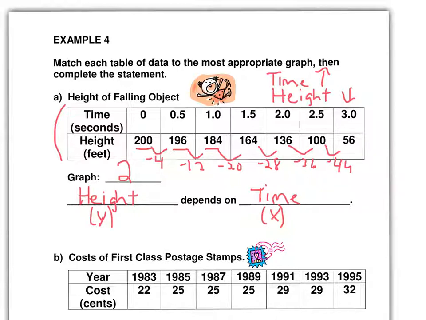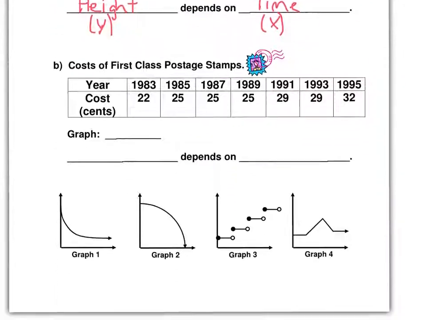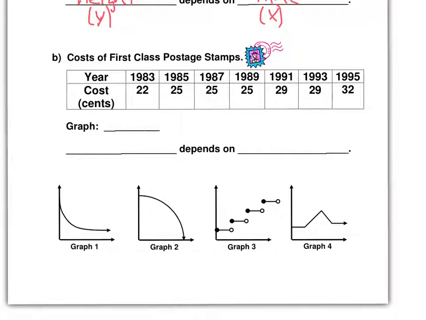All right, let's look at example 4b. Here we have the cost of first class postage stamps. So you want to fill in this table. And here is the year, 83, 85, 87. So the year is going up, and then the cost is going up.